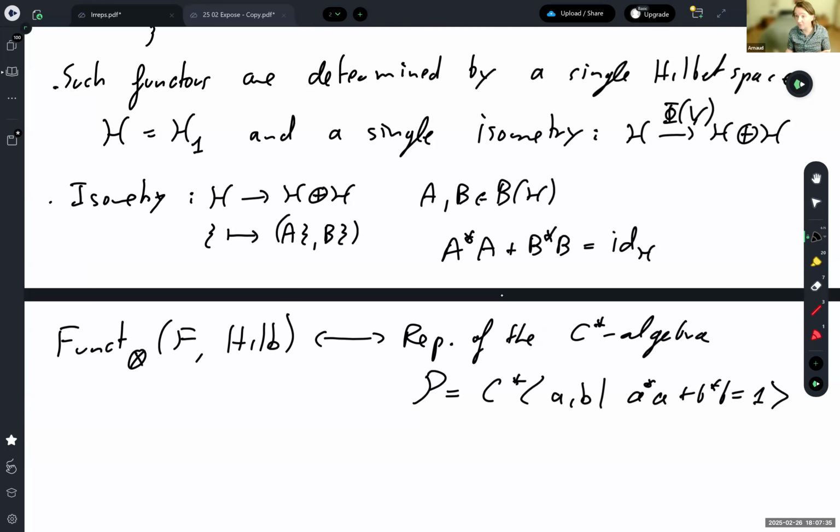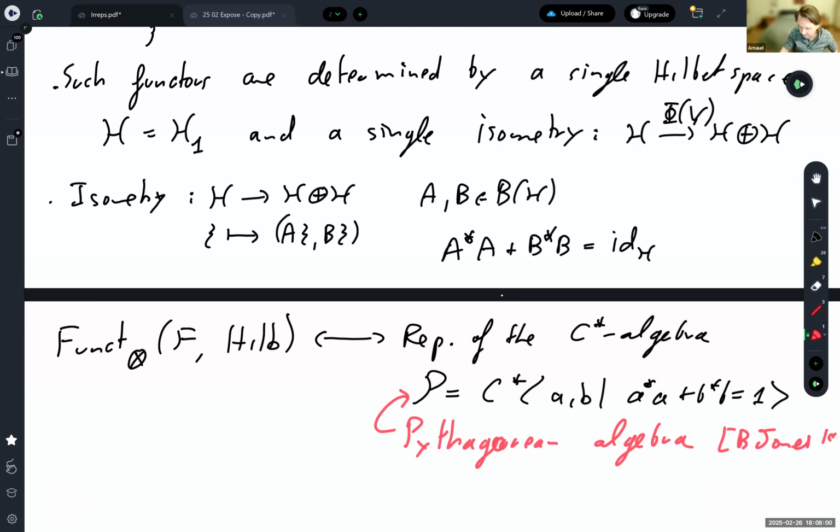I take the universal one. Well, this C-star algebra is the so-called Pythagorean algebra that we got in this paper with Jones.